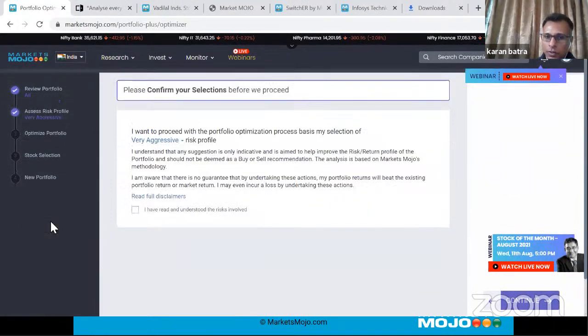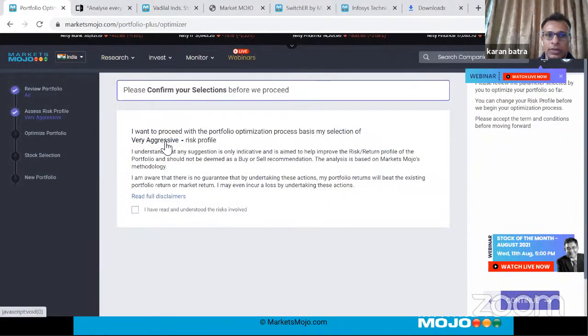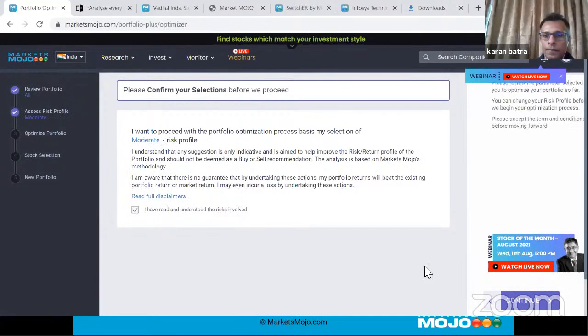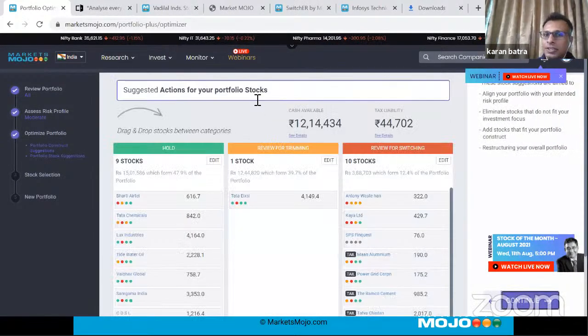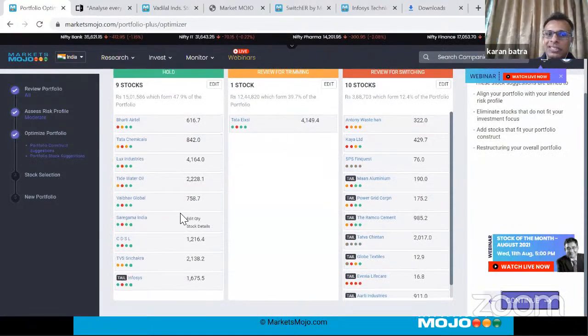I will fast forward and go directly ahead. Let's say I want a moderate portfolio. So these are the suggestions. Now holds will still be here, that's listed.